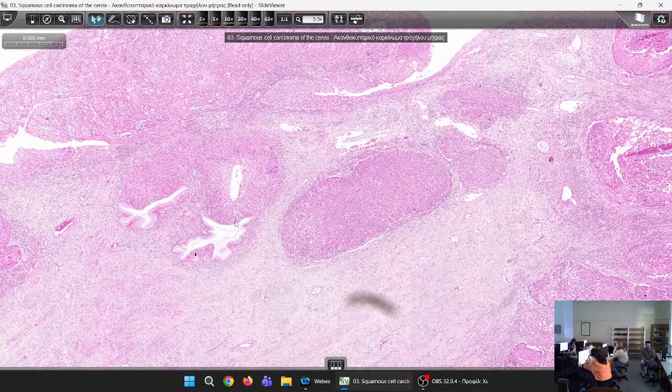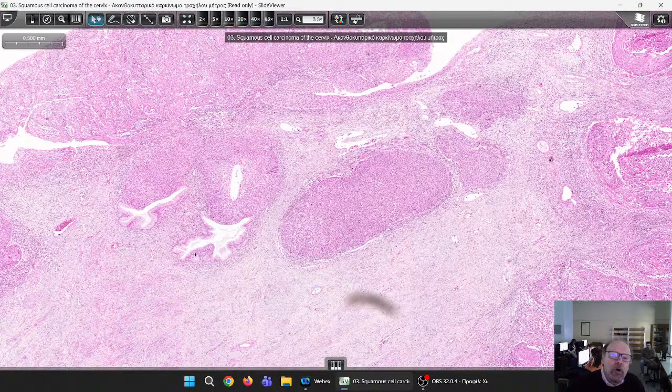So what is the clue that these cells are not invasive, despite the fact that they appear in the lamina propria? The key point here is the smooth margin of the solid formation. You see how smooth the margin is? Look, it's very, very round.